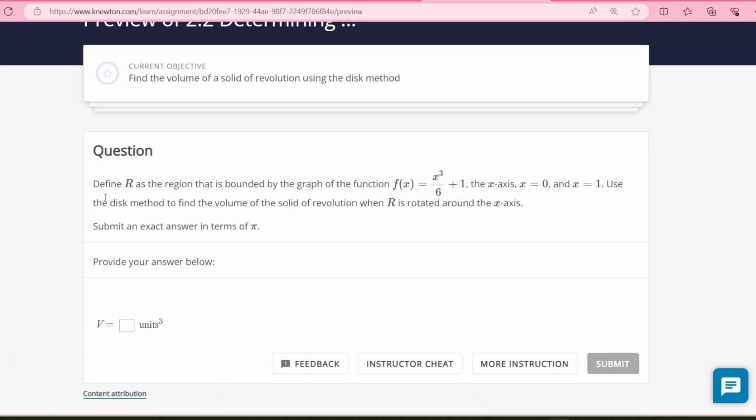All right, so here we're defining some region on the xy plane bounded by the graph of f of x equals x cubed over 6 plus 1, the x-axis, x equals 0, and x equals 1. So it's really just this curve over the interval from 0 to 1. And we're using the disk method to find the volume of the solid of revolution when R is rotated around the x-axis, and submit an exact answer.